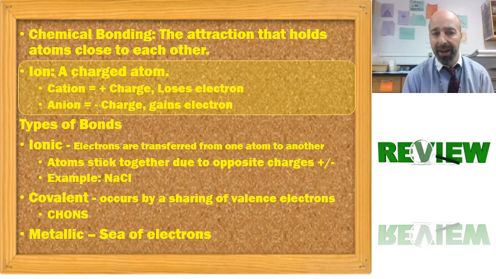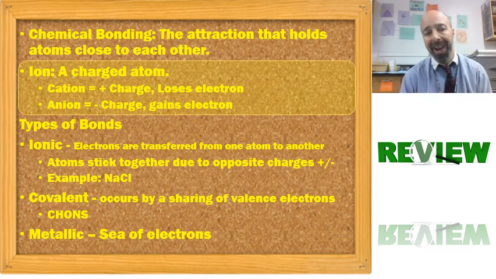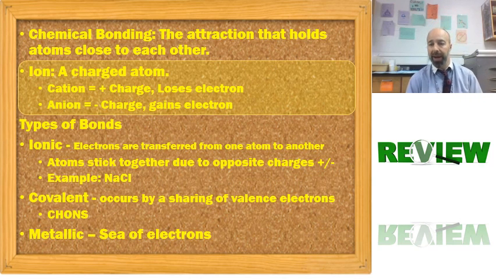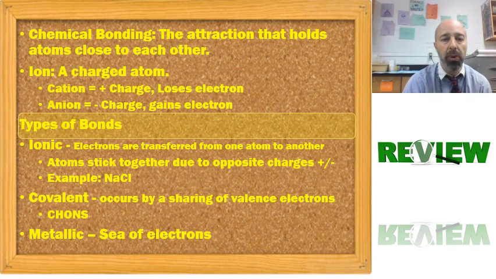So you have cations, which have a positive charge, and they become positively charged because they lose an electron, and you have anions, which are negatively charged because they gain an electron. And when you get a positively charged cation next to a negatively charged anion, they stick together because opposites attract.